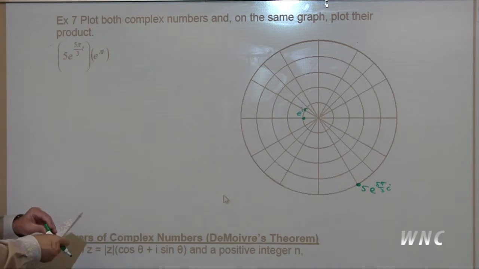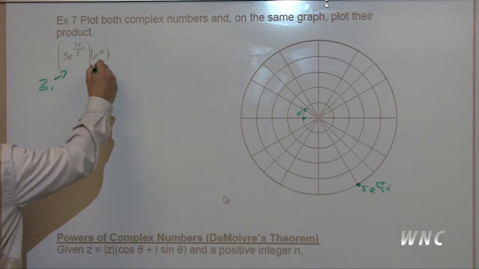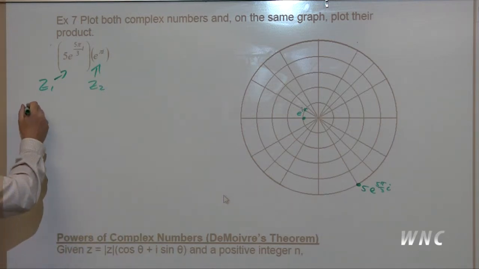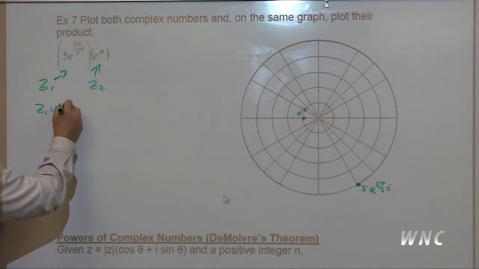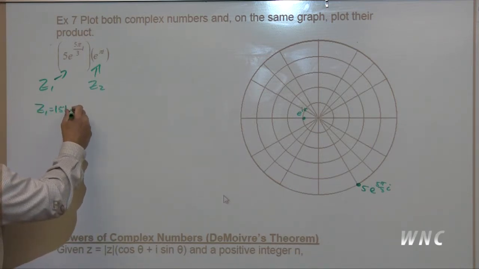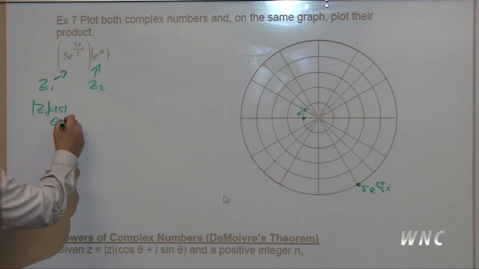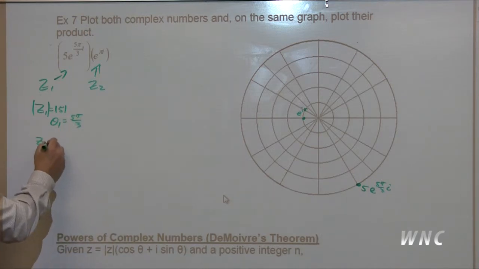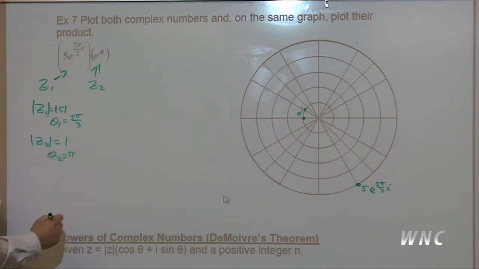And we want to get their product. So this first one is our z1, and this is z2. For z1, it has a magnitude of 5, and our theta 1 is going to be 5 pi over 3. For z2, its magnitude is 1, and theta 2 is going to be pi.